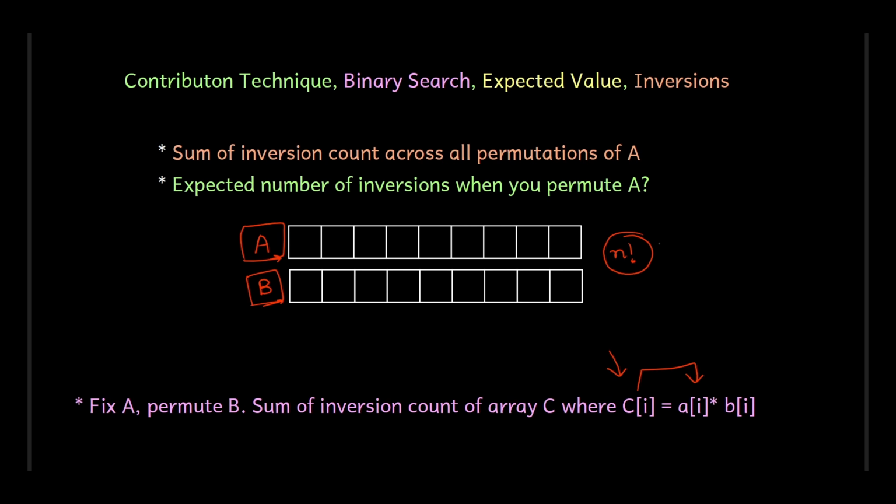Once you sum it all up, you also have to find the expected value of the inversion count that I can expect if I shuffle this array randomly. So let's see how to do this.